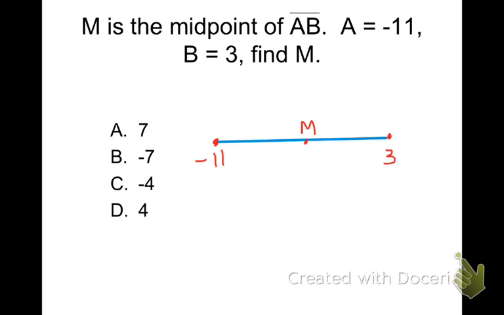What is its location? M is the mean or the average of the two values of A and of B. Half of -8 is -4.